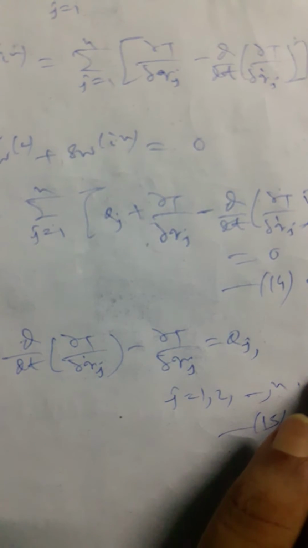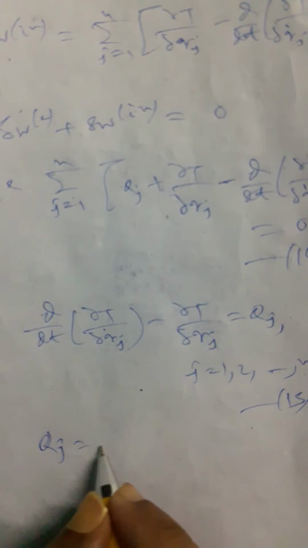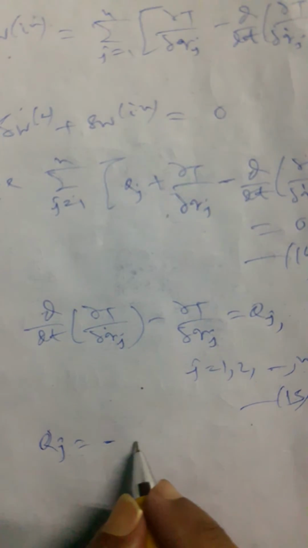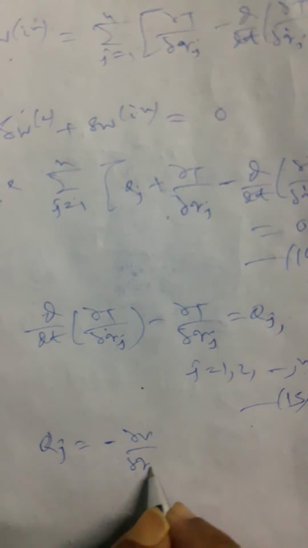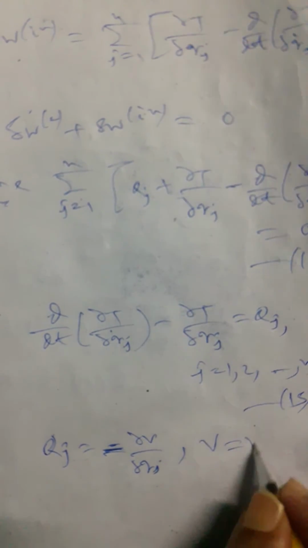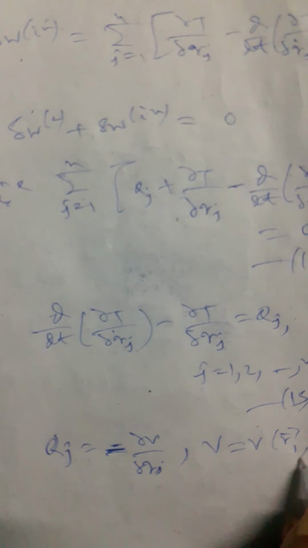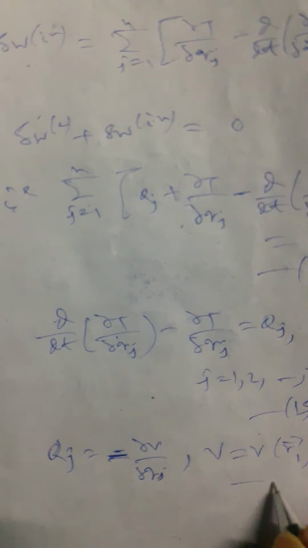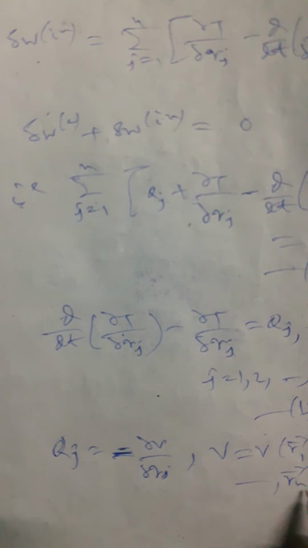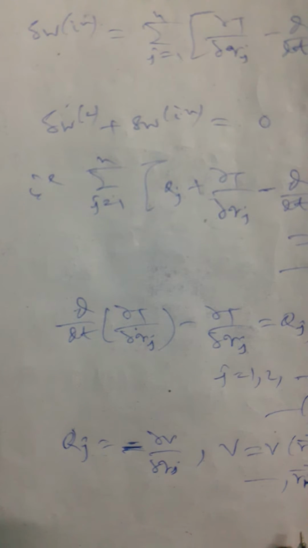and when 8 holds, that means Qj equals minus ∂V/∂qj holds, where V is the function of r1, r2 up to rN, that is position, r capital N and t, system of particles.